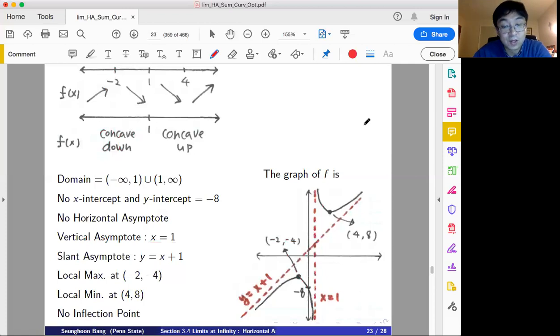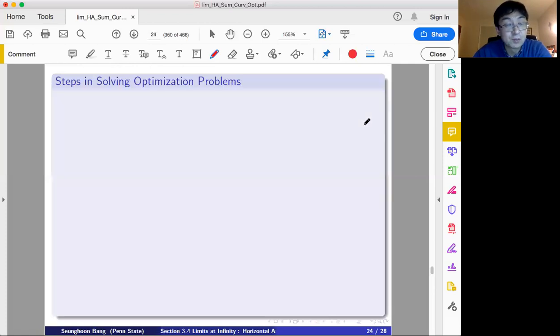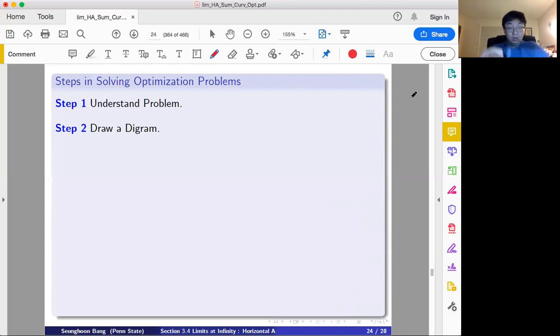The next, let's think about optimization problems. How can we solve an optimization problem? We can follow these steps. Step 1, understand the problem. Step 2, draw a diagram. Step 3, introduce notation.